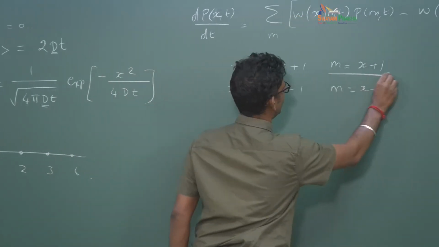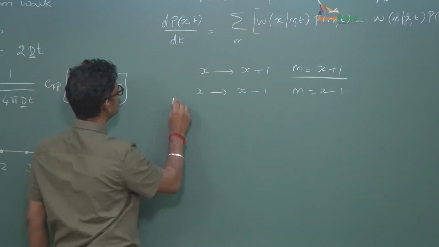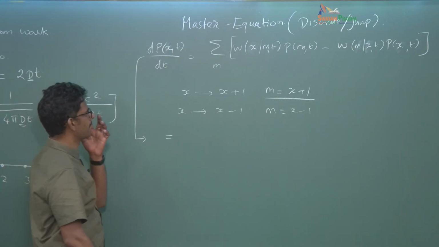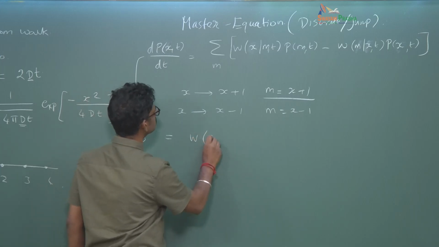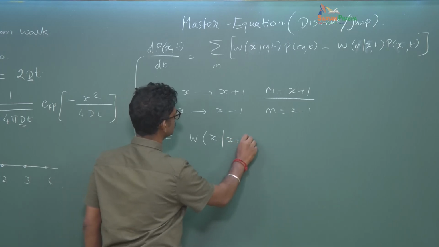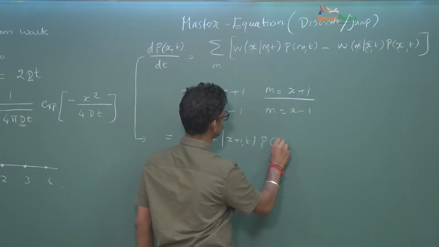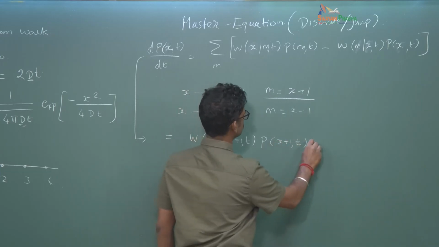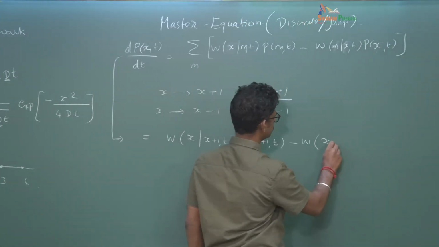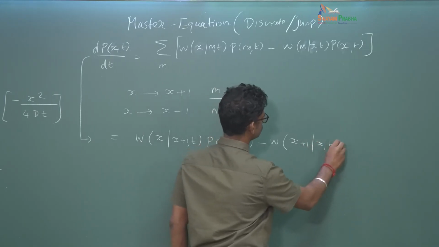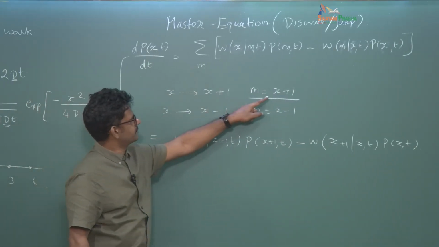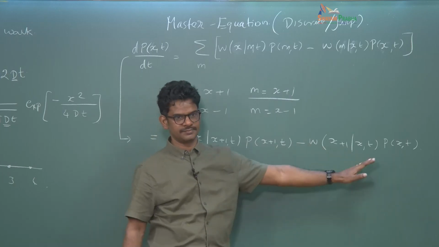So first let's write this for m equal to x plus 1. So here we'll have, when you substitute m is equal to x plus 1 in here, you will get these two terms.